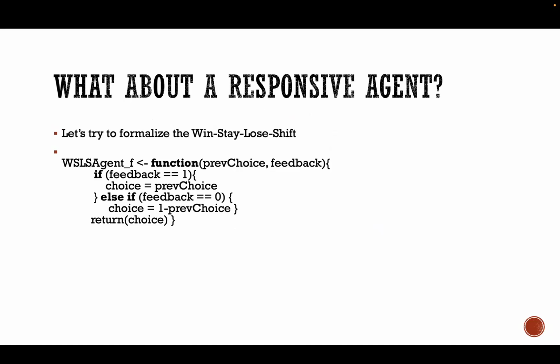Else, if feedback is equal to 0, then the choice is 1 minus the previous choice, which is a silly mathematical trick not to have to do a complex loop or if check that says if previous choice was 1, pick 0. If previous choice was 0, pick 1. Because 1 minus previous choice gives us 0 if the previous choice was 1, gives us 1 if the previous choice was 0. Right? There's plenty of these elegant mathematical tricks which make your code much more performant and readable. Then we take the choice and we return it.